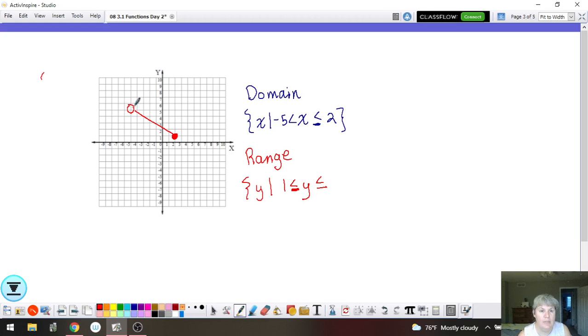Well, actually not equal to because it's an open circle. Jumping ahead of myself here. So it's just less than 5. When you have an open circle, you're not going to include the underline, the equal to. When it's filled in, the inequality needs to be underlined.